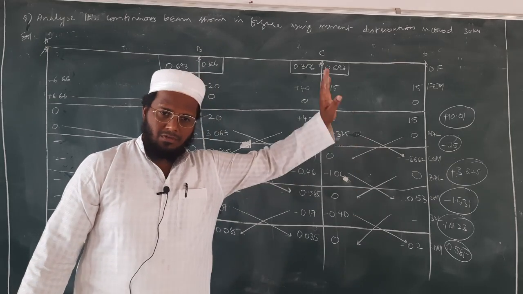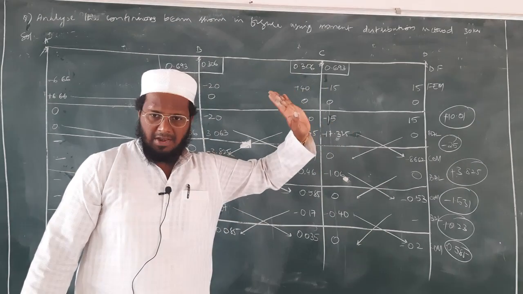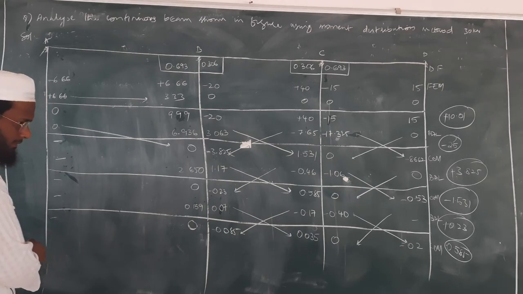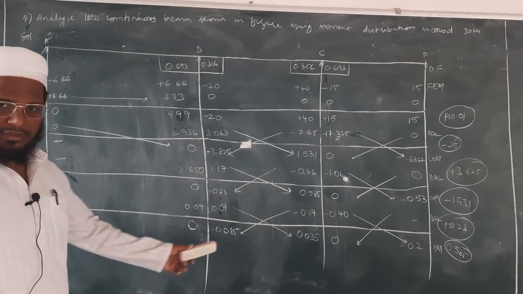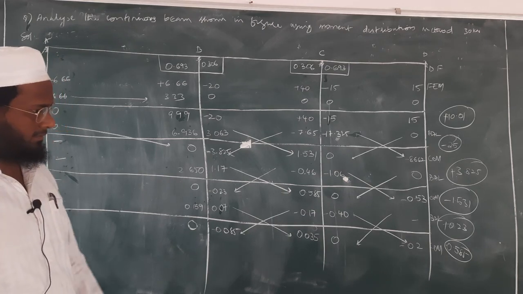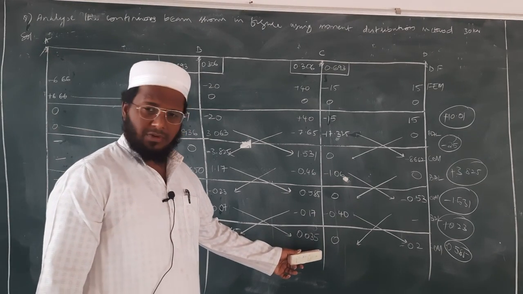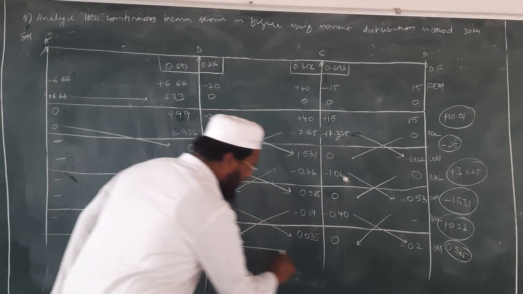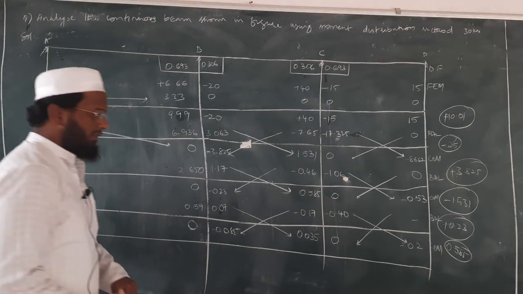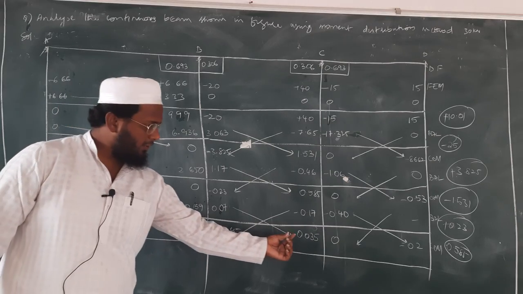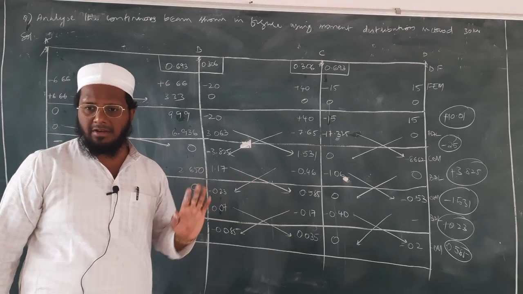So what will we do now? We'll try to add the values. Okay. Minus 0.4. Correct, no? So now you add all the values. Once you get 0.00 over here, we can stop.